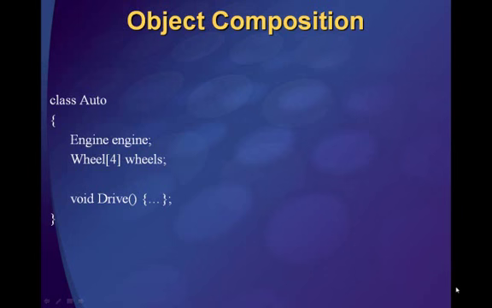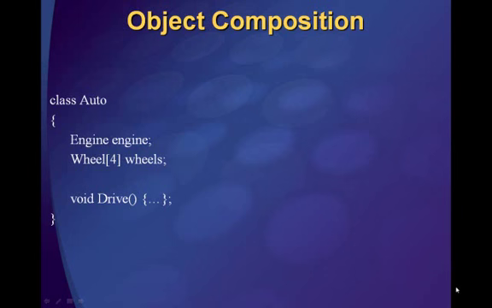Here we have used composition to build the auto class. The auto class is composed of two other classes, the engine class and the wheel class. Since it's composed of other objects or built from other objects, we call this an example of object composition.